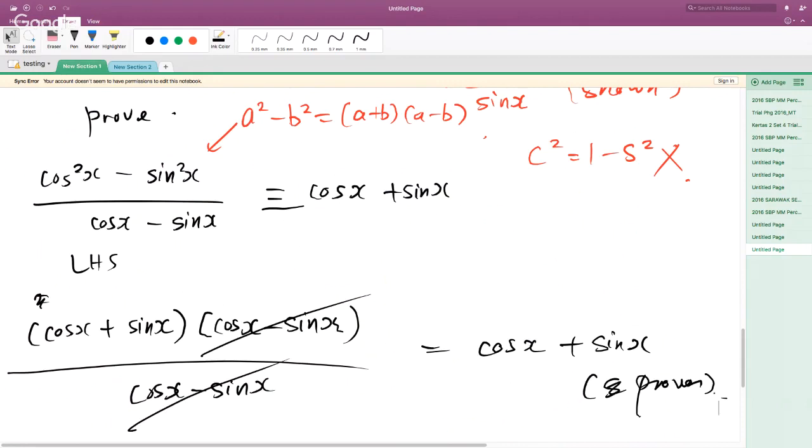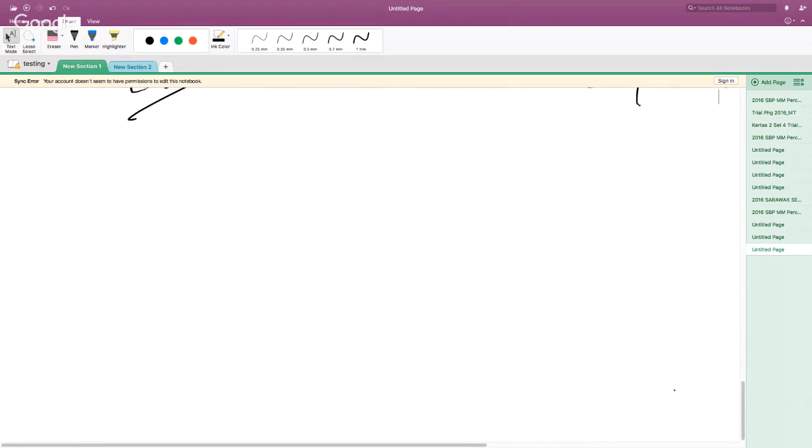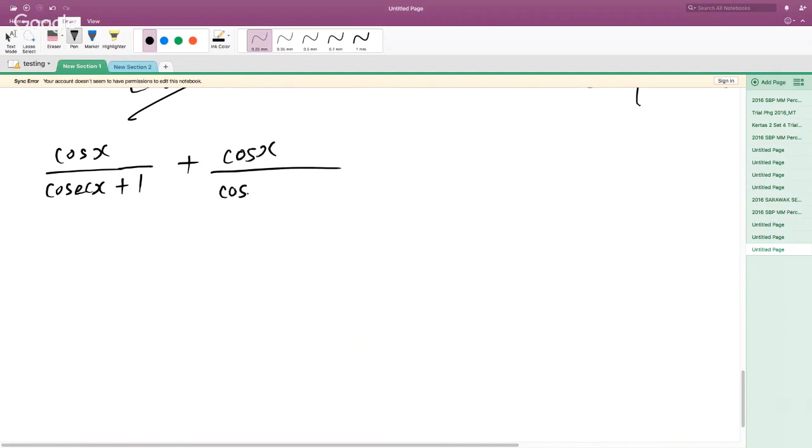Okay, so there's so many different type of proof question, I will try to show one last, and then we will move on. Okay, let's say we have cos x over cosecant x plus 1 plus cos x over cosecant x minus 1 equals to 2 tangent x.